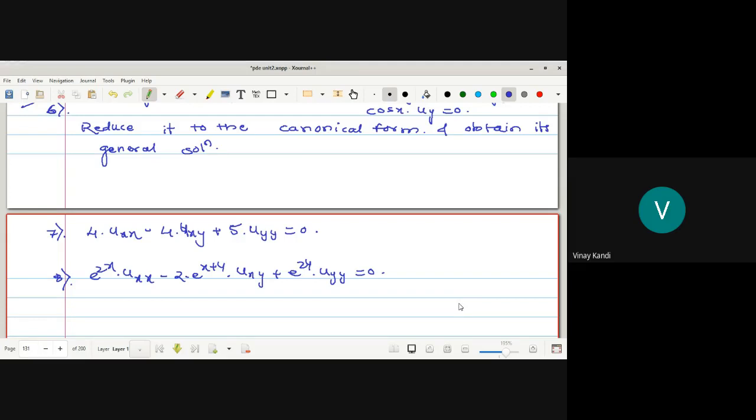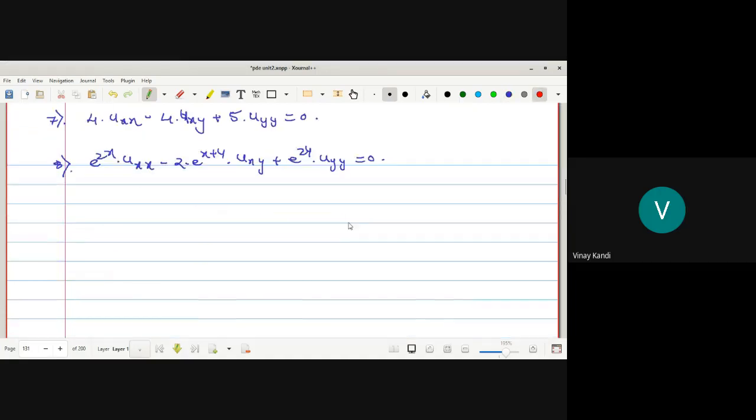Now we have to find the solution of the one-dimensional wave equation.